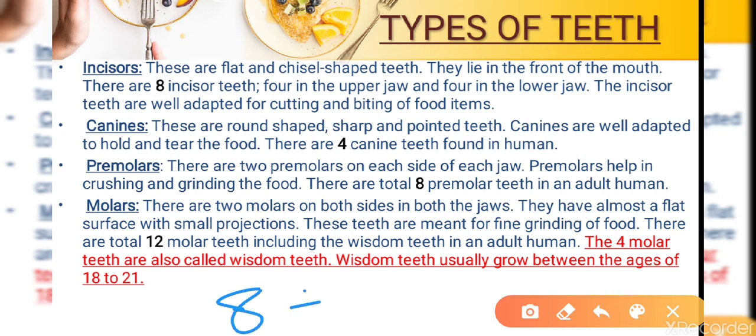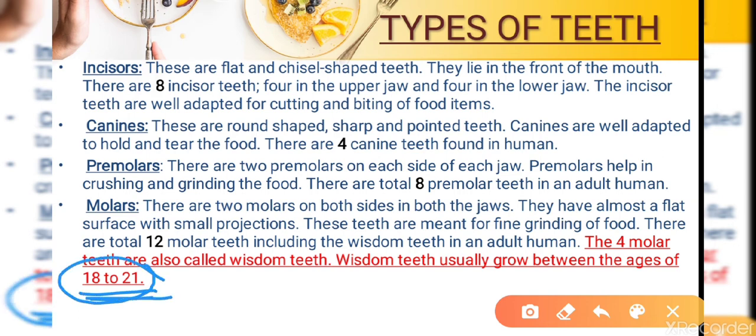The third molar is not present, like in you. In your mouth, you also have 8 molars. The third molar develops at the age of 18 to 21 years, and they are also known as the wisdom teeth. Molars help in the fine grinding of the food.